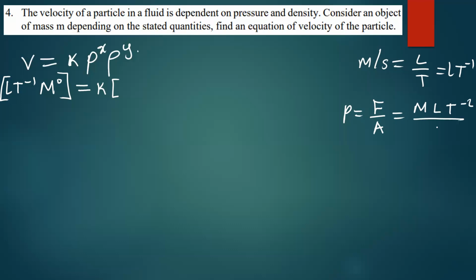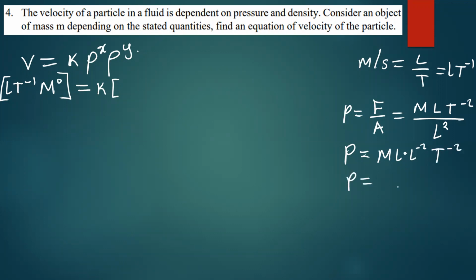And area is simply just L squared. So the dimensions for pressure will therefore be M, L times L to the power -2, then T to the power -2.